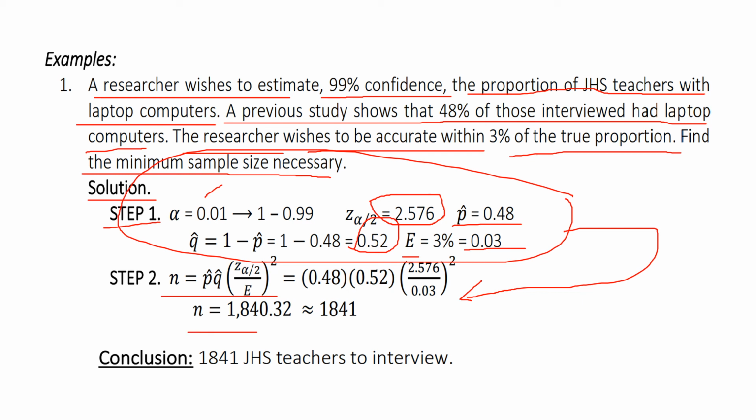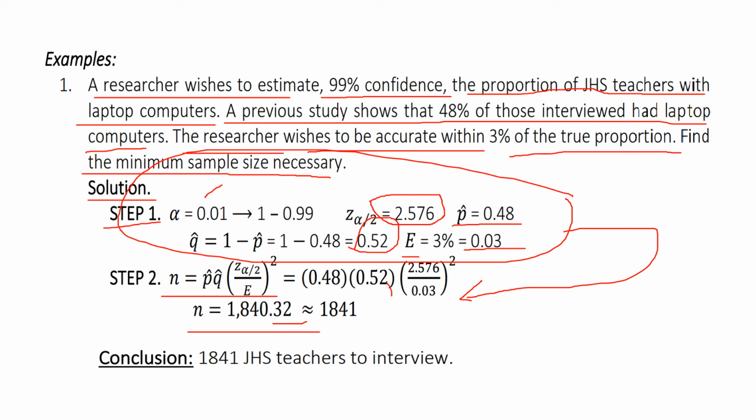Then your n now is 1,840.32, or simply equal to 1,841. Now, in this case, there is no scenario wherein you need to consider whether your first decimal is 0.5. As long as there is any excess, for example in this part, 1,840, there is an excess of 0.32 in 1,840 to make it 1,841.